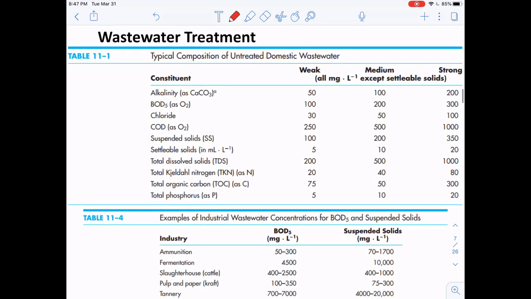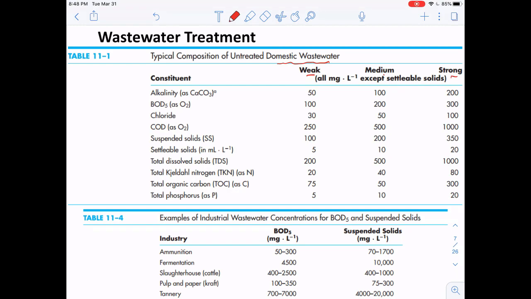The first table shows the typical composition of untreated domestic wastewater, or municipal wastewater. People use different categories to describe the wastewater quality. We can have weakly polluted wastewater, medium-level wastewater, or strongly polluted wastewater.